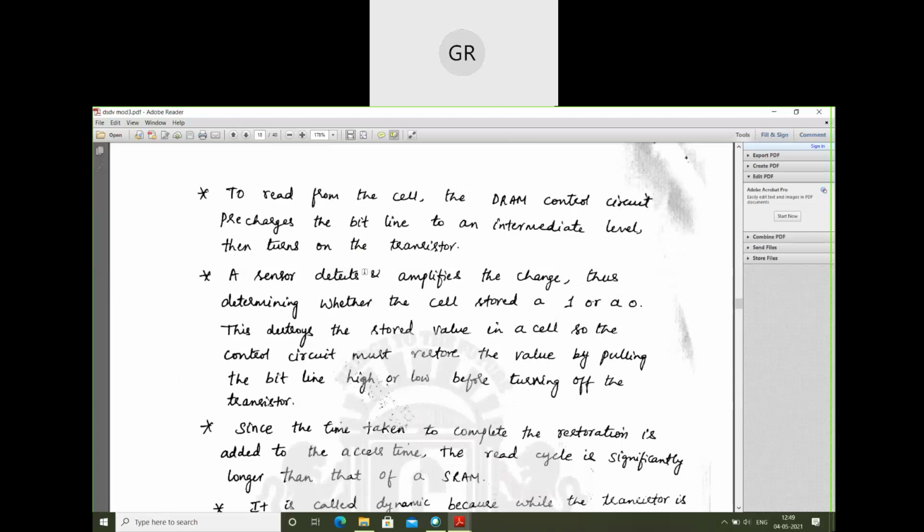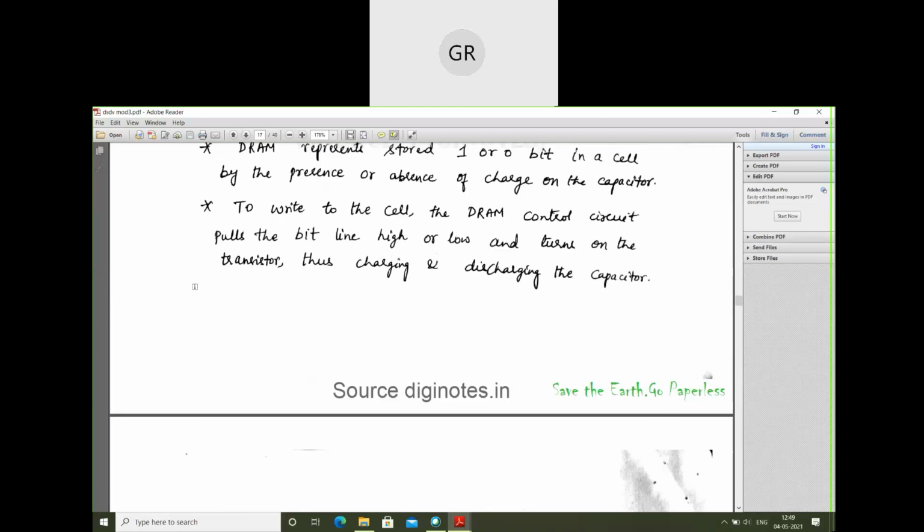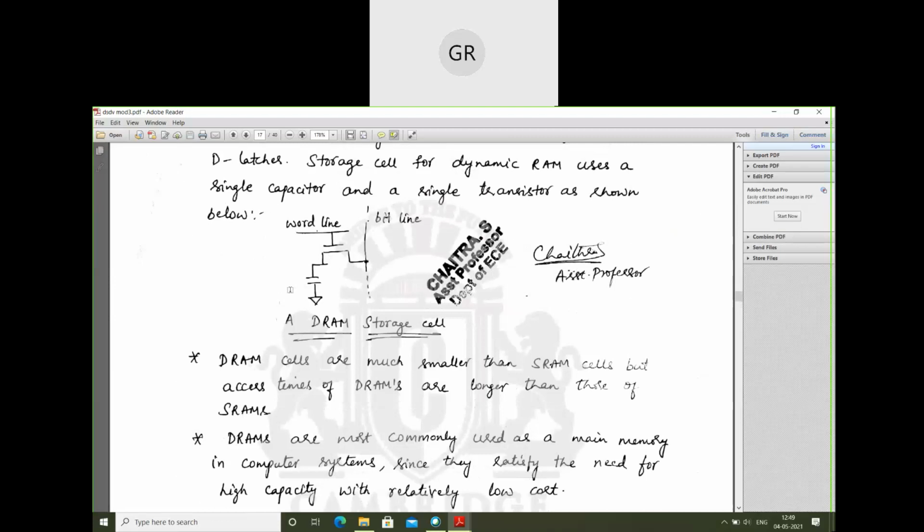When you perform the read operation, the bit line should be pre-charged. Pre-charge means it is at high.